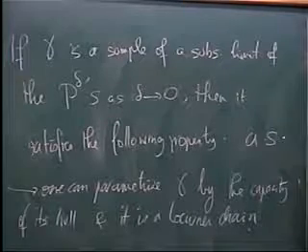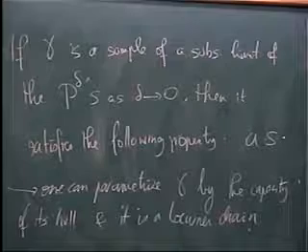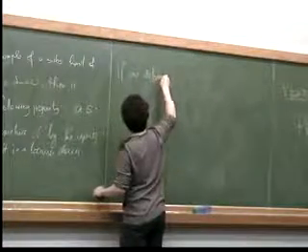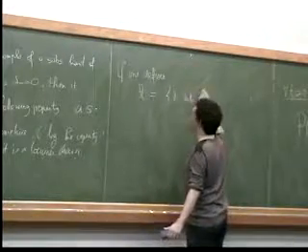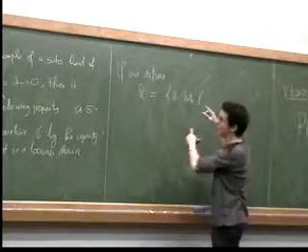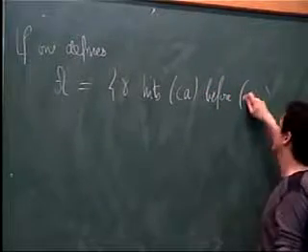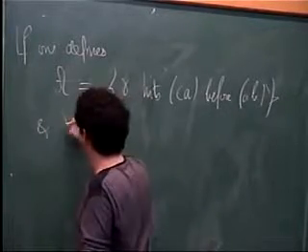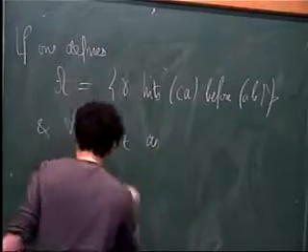And if one defines the event A, which is that gamma hits CA before AB, and for any t, xt, so I have domain D here.